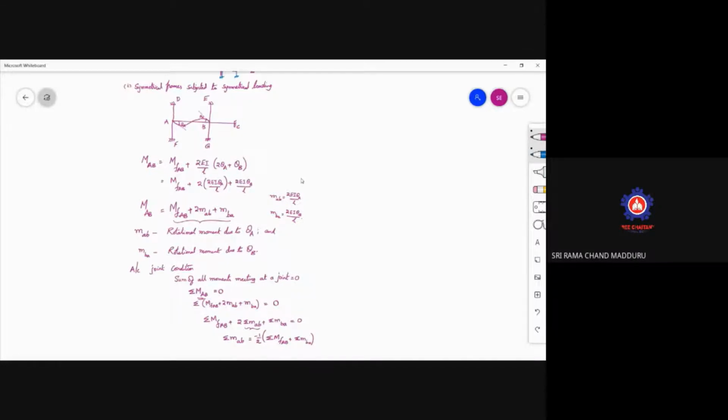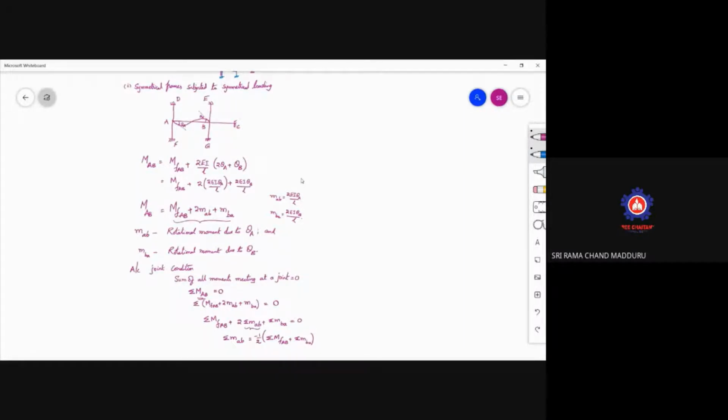Now MAB is the final moment, which is the summation of fixed moments plus rotational moments and displacement moments. MAB is equal to MFAB plus 2EI by L into 2 theta A plus theta B, where I can simply write the rotational moments as 2EI by L into theta A and 2EI by L into theta B. The total summation of the moments at a joint is equal to 0.